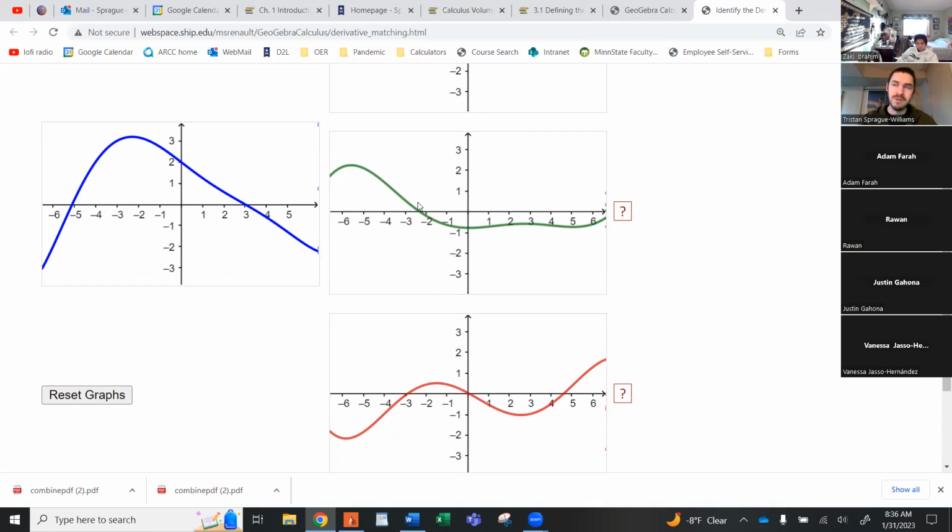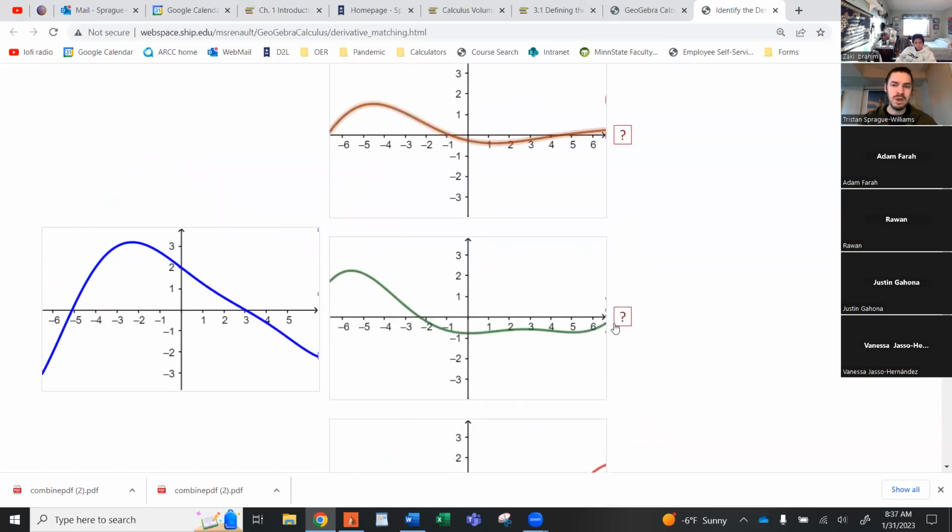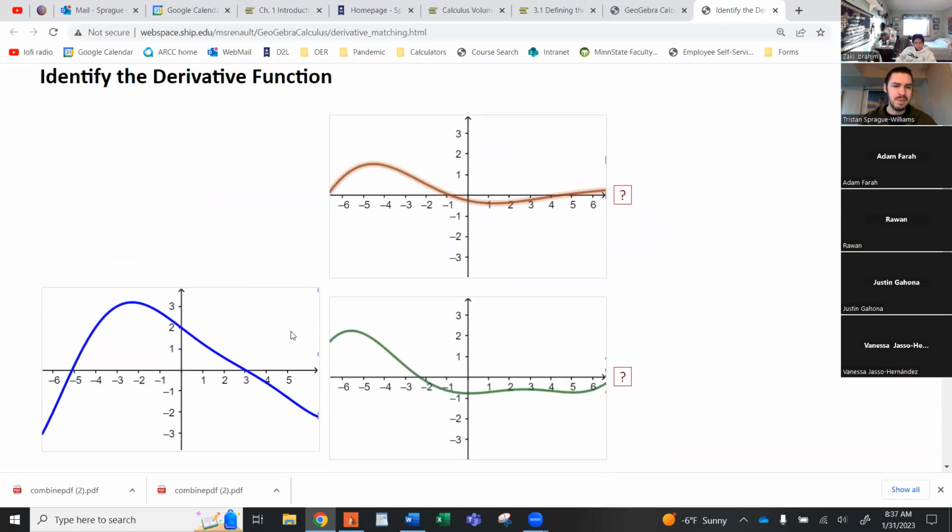The green one is above the x-axis. So this is a possibility, but the red one is below the x-axis. So that rules out the red one. You can see it's not correct. The green one, I believe, is correct because if we compare these two, which are similar in shape, the brown one has another x-intercept down over here on the end.